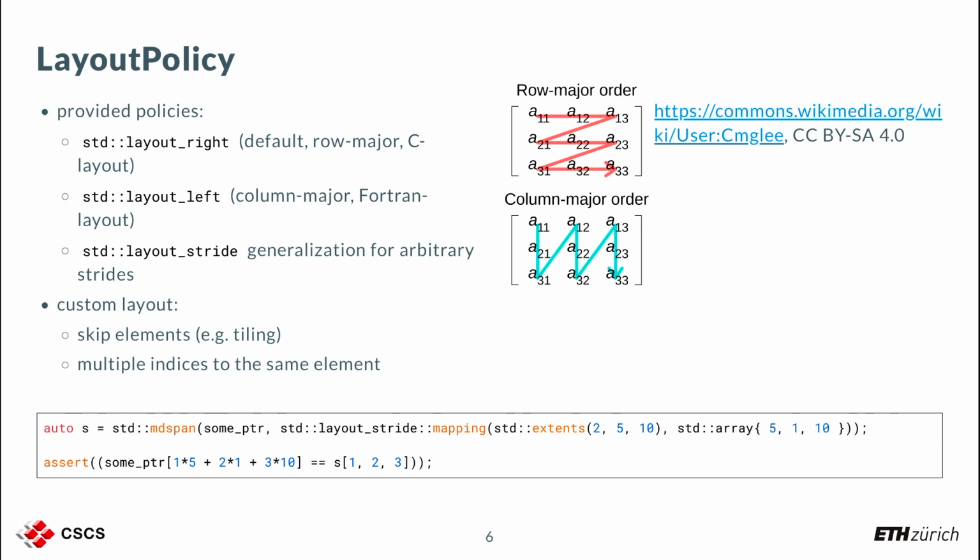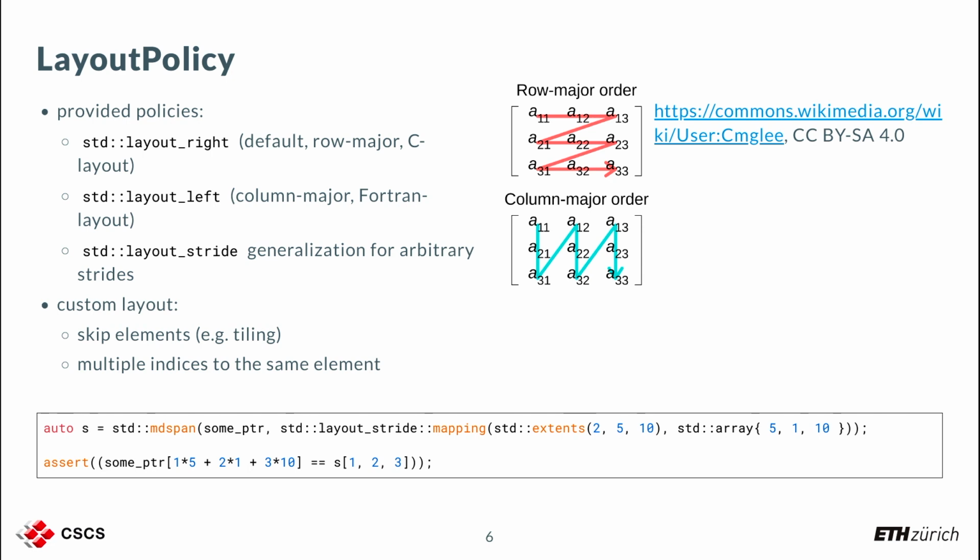And then you can do more special stuff. You can have completely custom layouts where you, for example, skip elements. Layout stride, you will always go through all of them. Probably, I don't know if you can specify a stride that is not one, but okay, you can definitely do custom layouts.